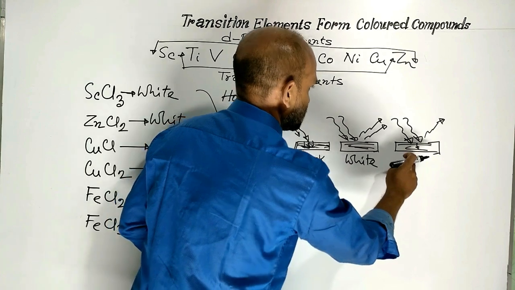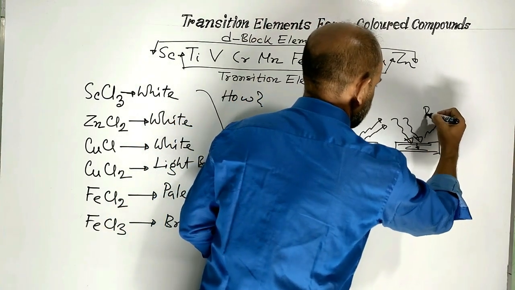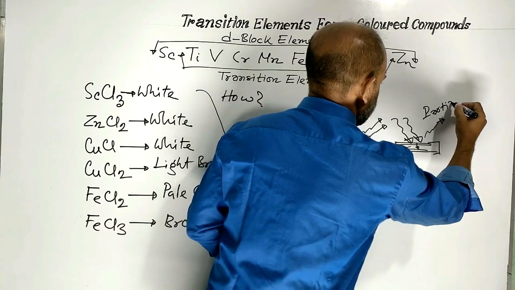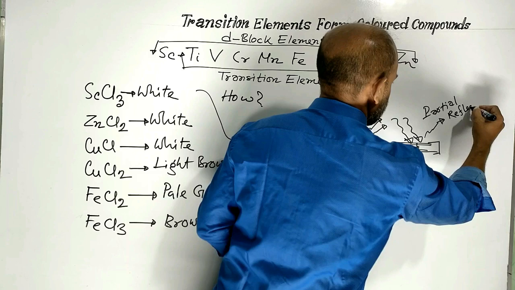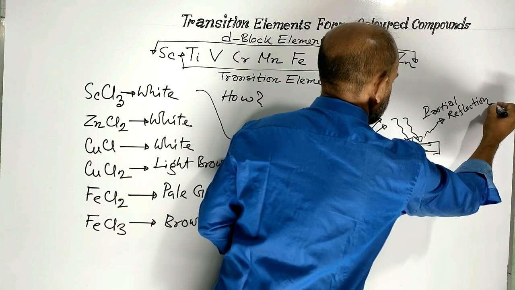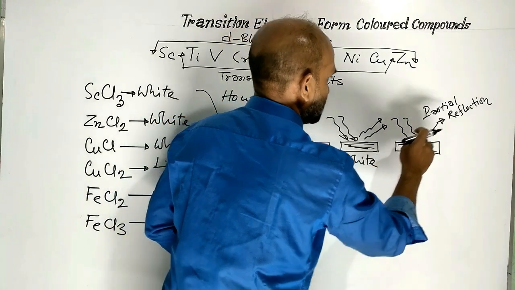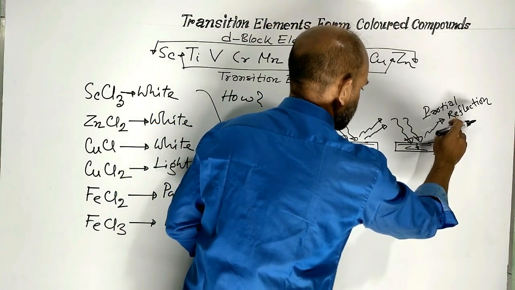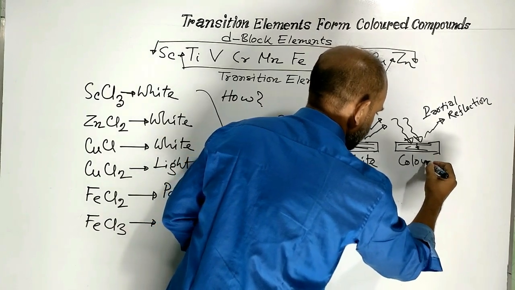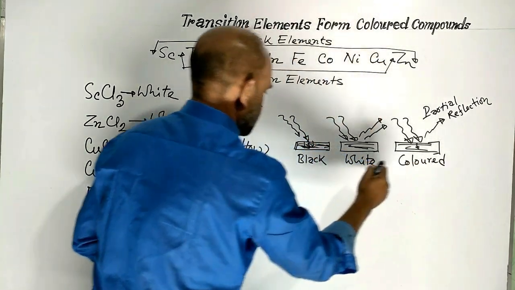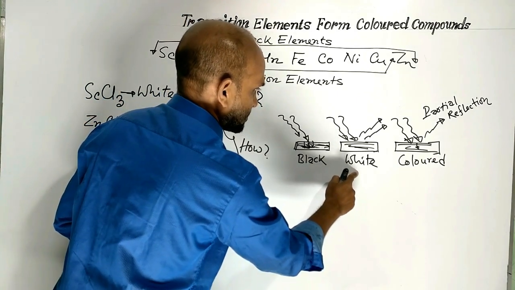That is, partial absorption and partial reflection. In case of partial absorption and partial reflection, the substance becomes colored. This is the basic concept of substances to be colored.